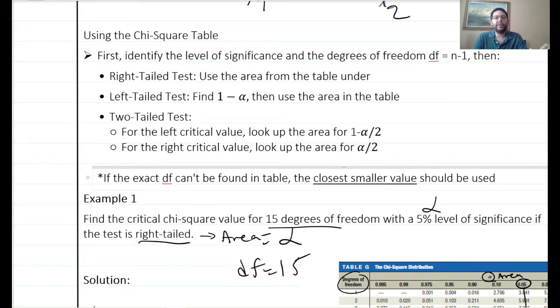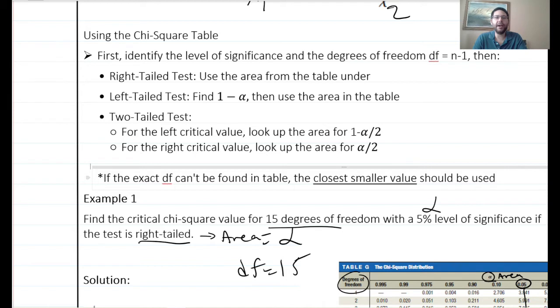The reason we use the closest smaller value is because it's better to restrict yourself on the degrees of freedom than to allow yourself more freedom. It's better to be conservative in your estimate than to be liberal, when we're talking about over or underestimating. So we're being conservative here, and we'll choose the closest smaller value.